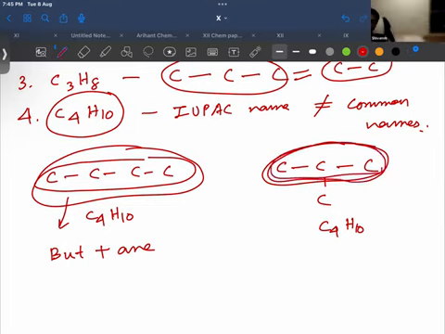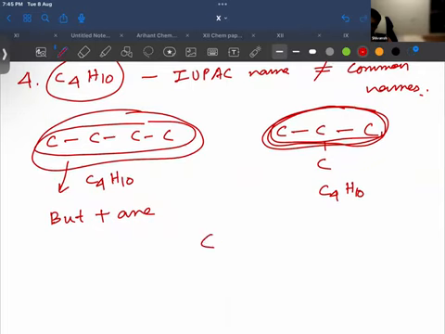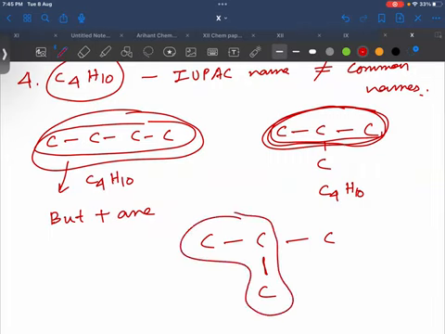One more thing, guys. I have the freedom to choose this also as my main chain, because it is a continuous chain of 3 carbon atoms. Look, everyone, I can also choose this as my parent chain.